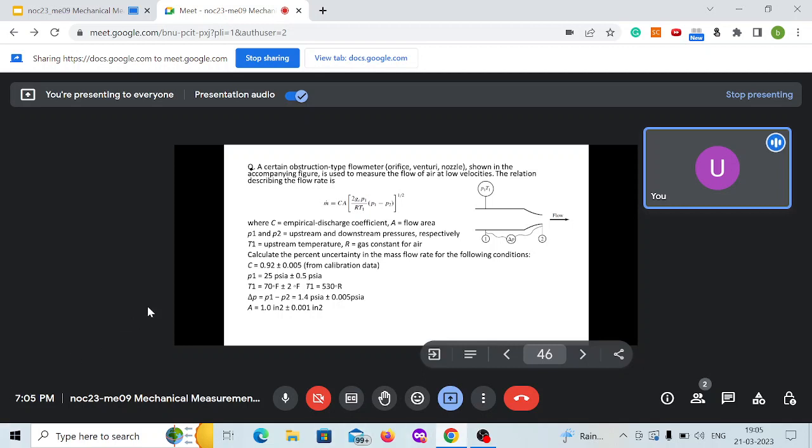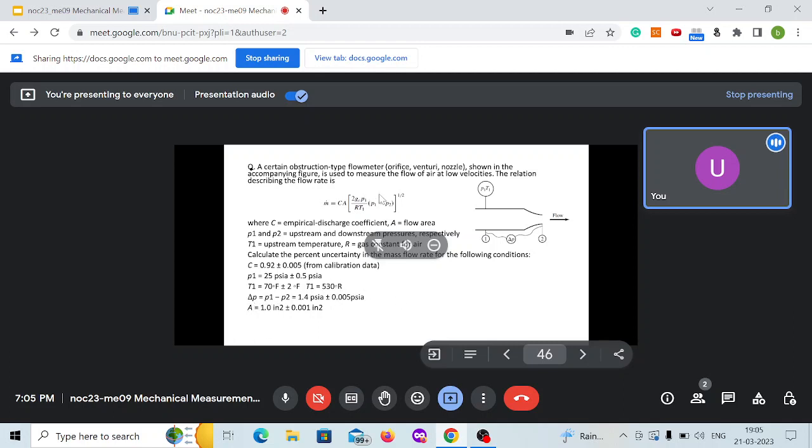The C value, the empirical discharge coefficient, is 0.92 for this case, with plus or minus 0.05% uncertainty. This has already been calculated and calibrated, so that value is given. The pressure gauge at the inlet reads 25 psi atmospheric, with an uncertainty of 0.5. The temperature is 70 degrees Fahrenheit, with 2% uncertainty, and the T1 value is 530 Rankine.